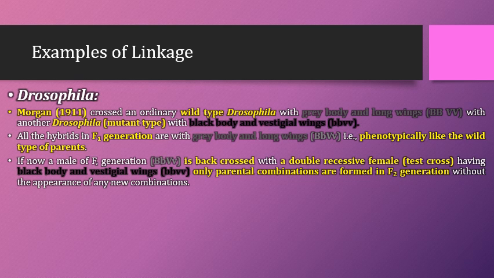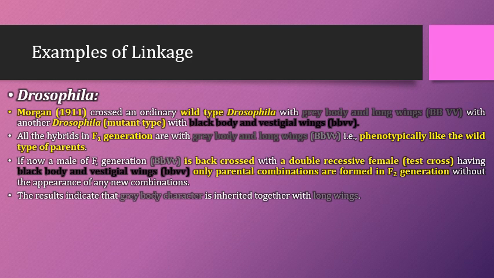If now a male of F1 generation capital B, small b, capital V, small v is back crossed with the double recessive female, which is a test cross, having black body and vestigial wings, only parental combinations are formed in the F2 generation without appearance of any new combination.